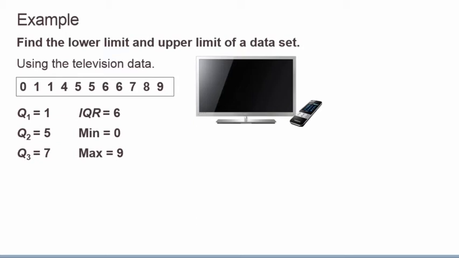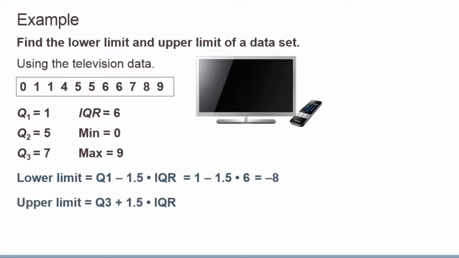Using the television data set, Q1 equals 1, Q2 equals 5, Q3 equals 7, IQR equals 6, min equals 0, max equals 9, we want to start with the lower limit, which is Q1 minus 1.5 times IQR. So this equals 1 minus 1.5 times 6, which equals -8.